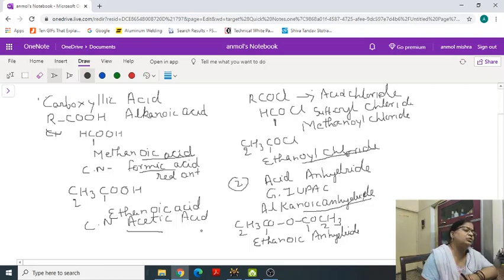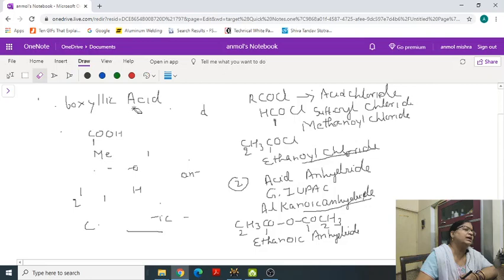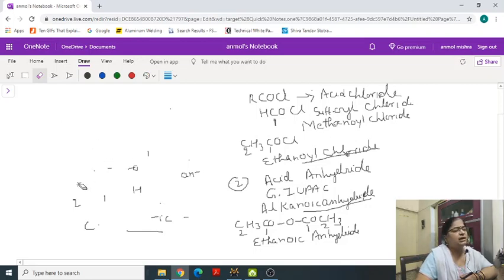If both the groups present around O in the anhydride are different, then we write down the names of both the acids separately from which they are derived.